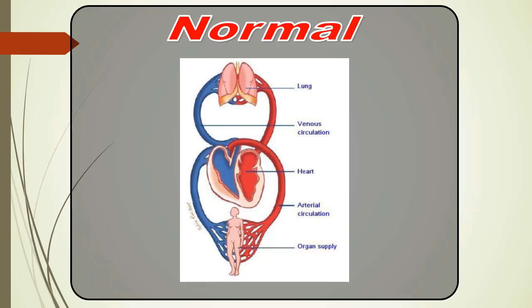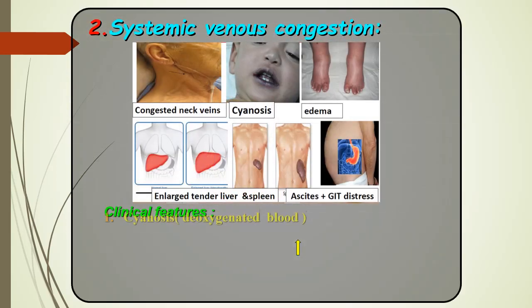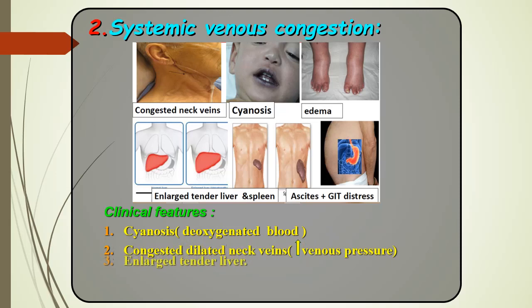So the deoxygenated blood in systemic venous congestion will be accumulated due to right side heart failure all over the parts of the body, except and sparing the lung tissue.